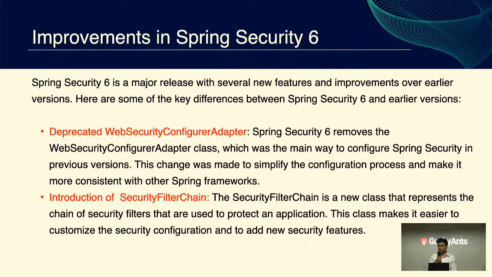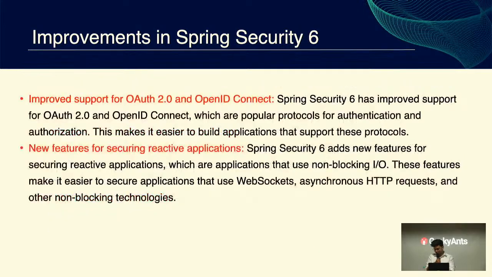Suppose we have a set of 20 or 30 APIs, and you want certain APIs to be accessible only by a certain type of user that has a specific role. That you can configure in Spring Security 6. We'll see further, I have an example coming up. I will show you how we can configure this part. We'll go with the next slide.